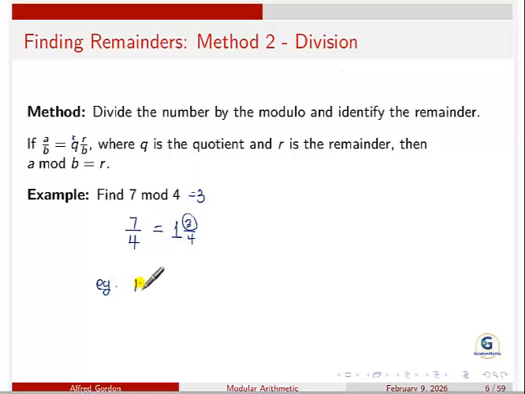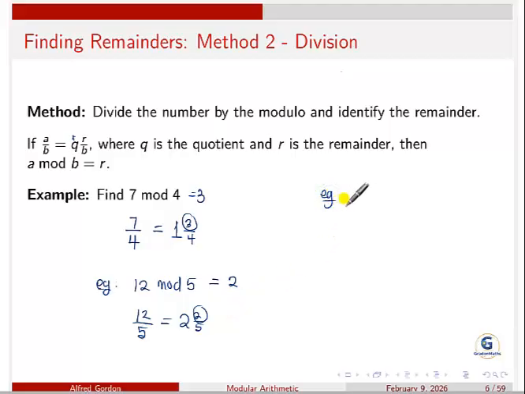Let's have 12 mod 5. 12 divided by 5 can be written as 2 whole number, 2 on 5, meaning that we have a remainder of 2.